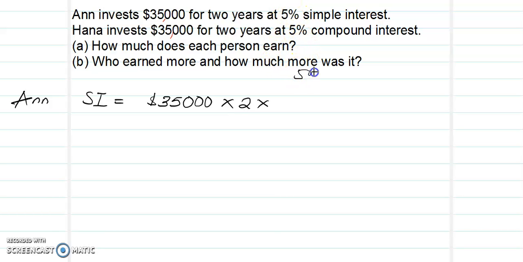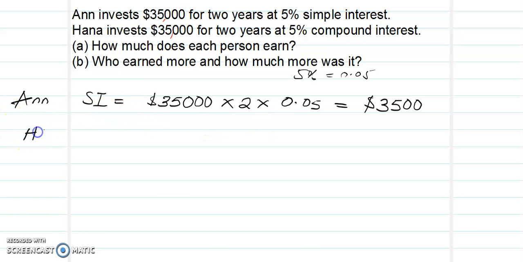And you know 5% is 0.05 in decimal. So if we multiply 35,000 times 2 times 0.05, what is the answer? Okay, we have $3,500. That's for Anne.